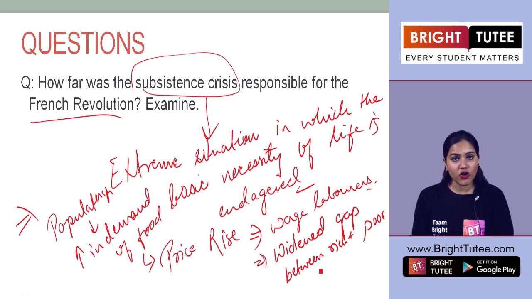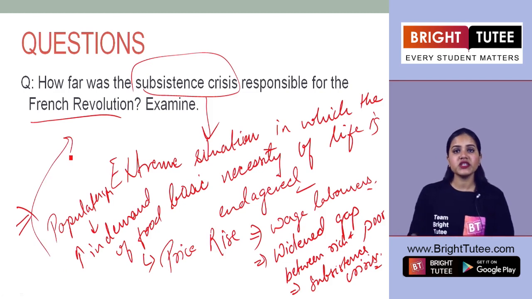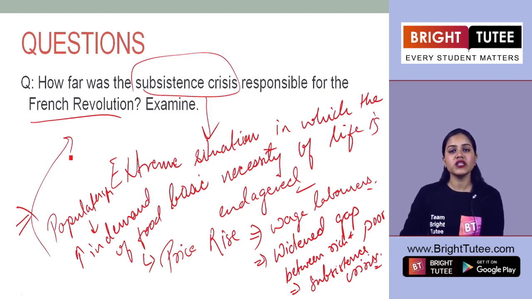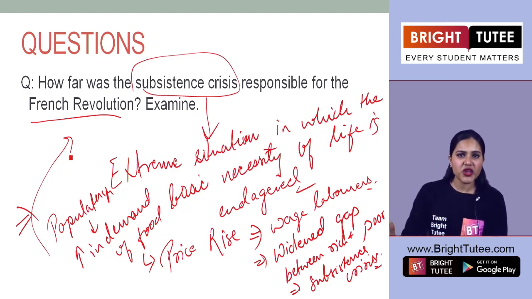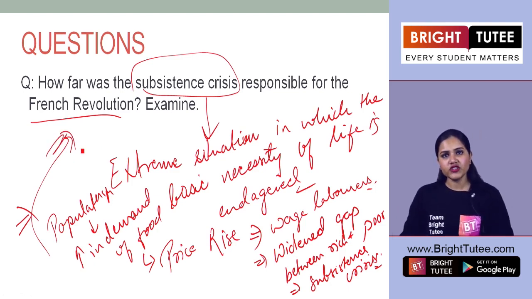And at last but not the least, all this situation cumulative here, it led to the subsistence crisis. So once you have written all these points here, you can now justify it by saying that all this situation worsened the condition of the middle class, the common people, and therefore they were not happy with the growing grim situation there, and somehow it was responsible for the French Revolution, right, to some extent.